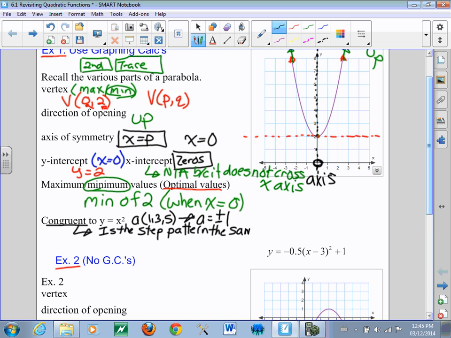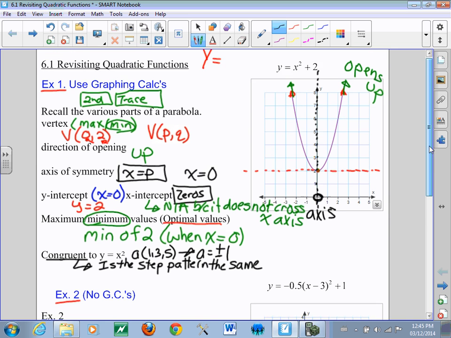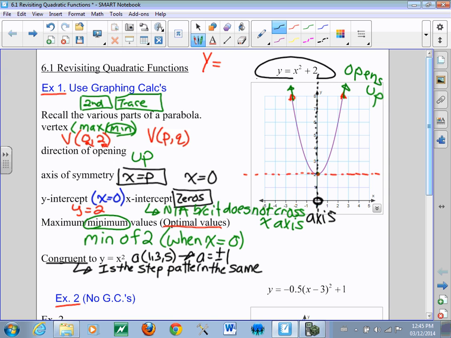All right. Two things we can do. Number one, we could look at the equation. What is A? A is the number out front of x squared, and it's a silent coefficient of 1, guys. So A equals 1. Does that tell us that our step pattern changes? No, it keeps it the same, because A times 1, 3, 5 is still 1, 3, 5 when you substitute A equals 1.